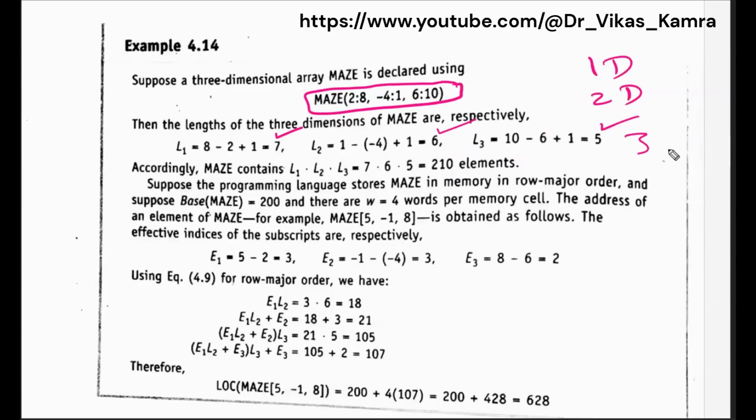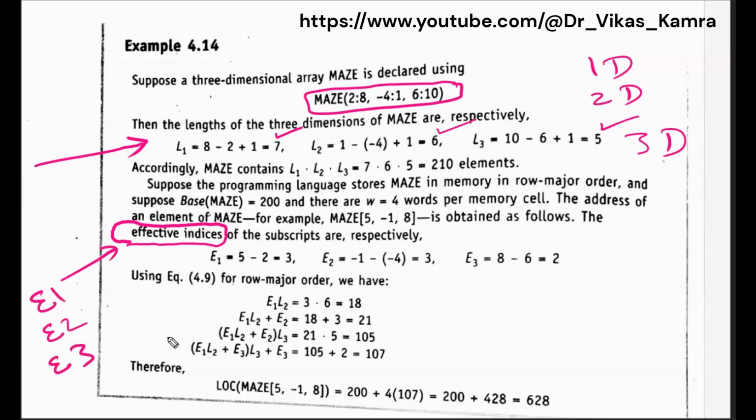So again in a 3D array, the very first step is to find out the length. Now, most important, the second part in a 3D array is to find out the effective indices, that means the values of E1, E2 and E3. Without these effective indices values, you cannot calculate the address of an element stored in a 3D array.